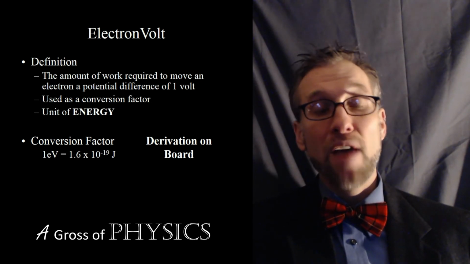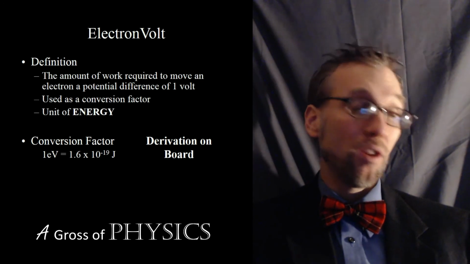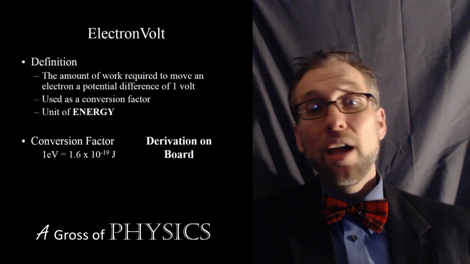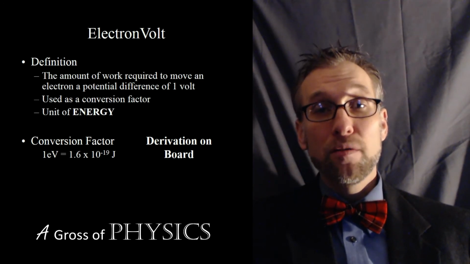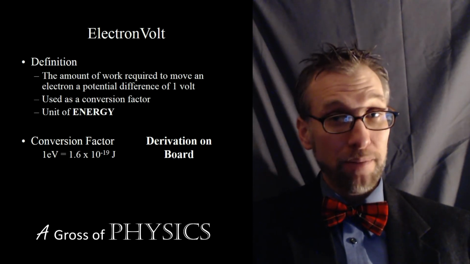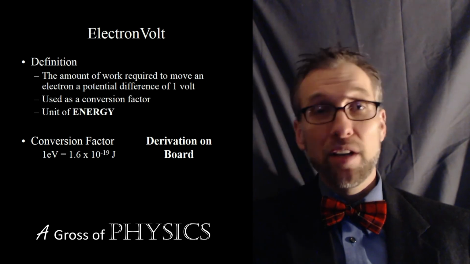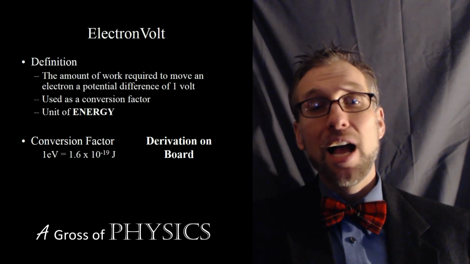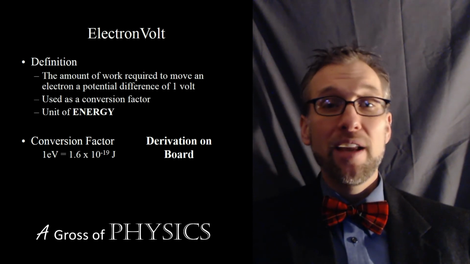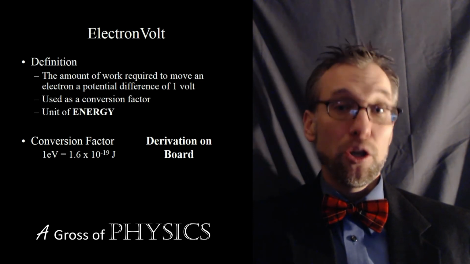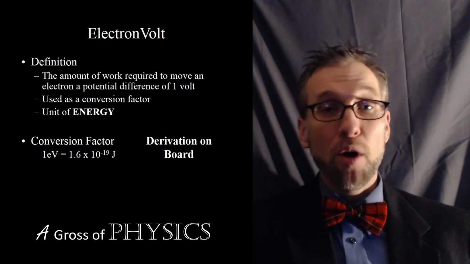So that could be a conversion factor that will be important as we move forward in the course. It is not a measure of voltage, it is a measure of energy. And we just use it because we're going to often deal with electrons moving in fields, and that will be a nice common measurement as opposed to using joules, which has a very small value.